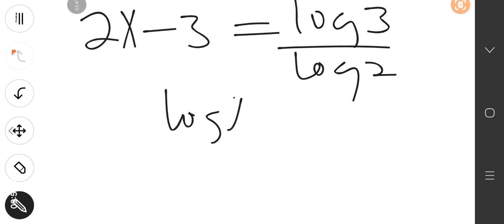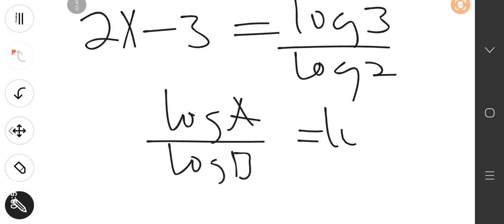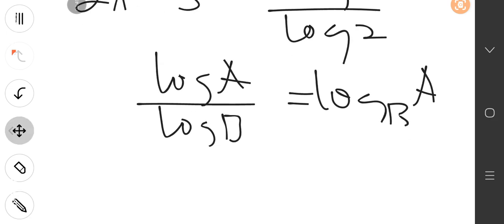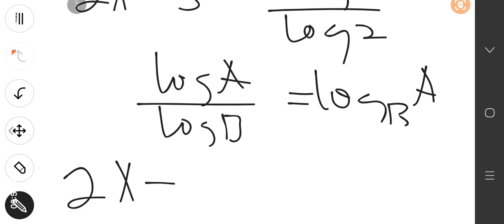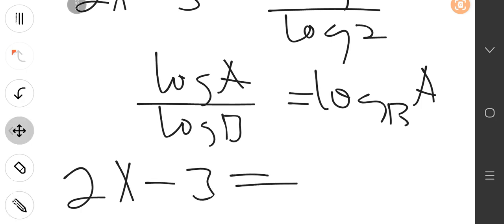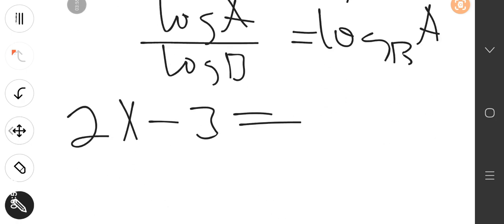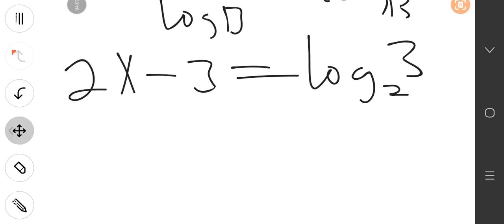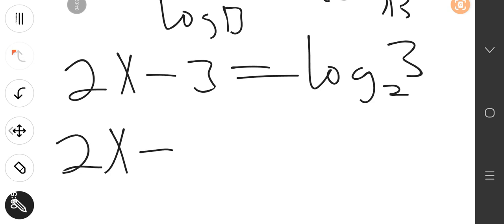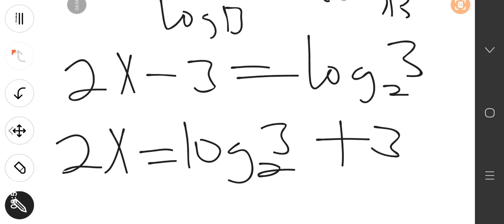So log a over log b should give us log a base b. So we're going to have 2x minus 3 equals log 3 base 2.